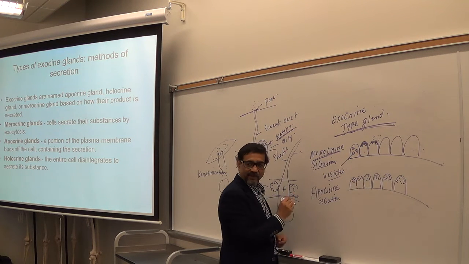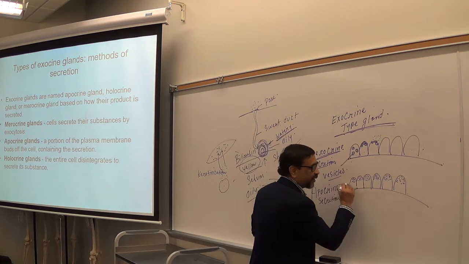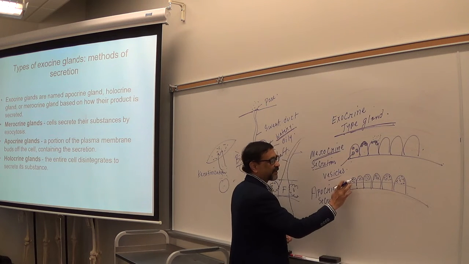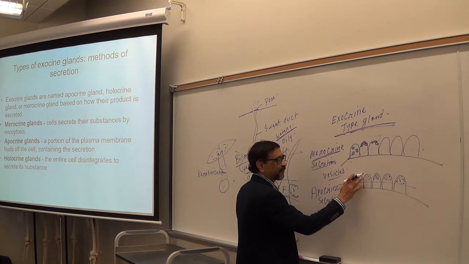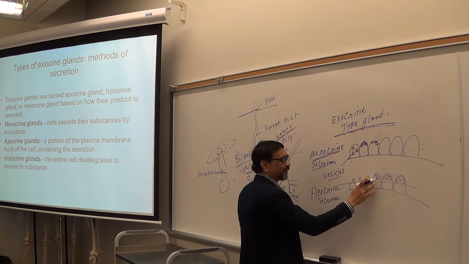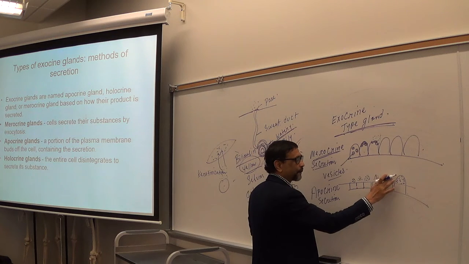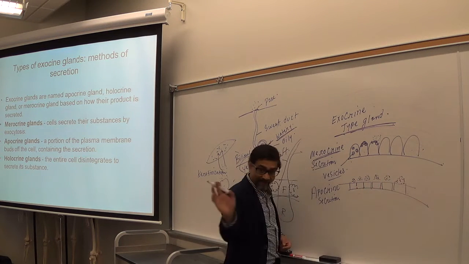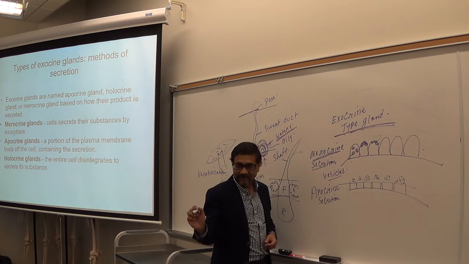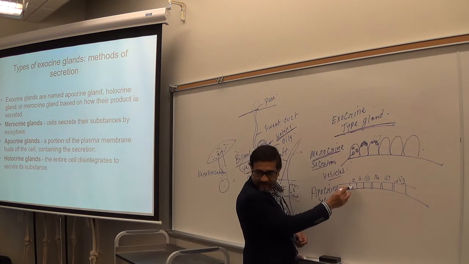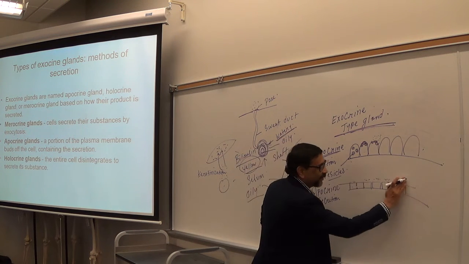And then what happens is interesting. The entire upper portion of these cells is destroyed to release the chemicals. The bottom part of the cells stays intact. Stays there. So the bottom part is still alive, right? And what happens after that?